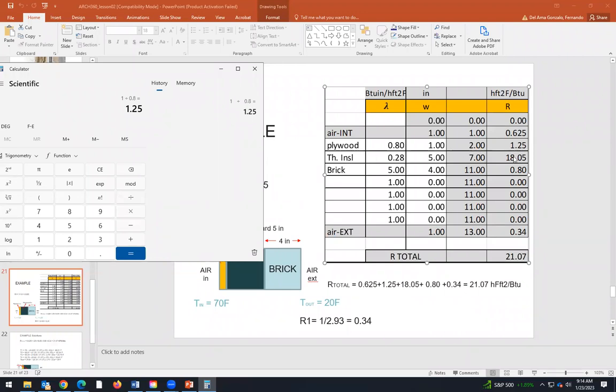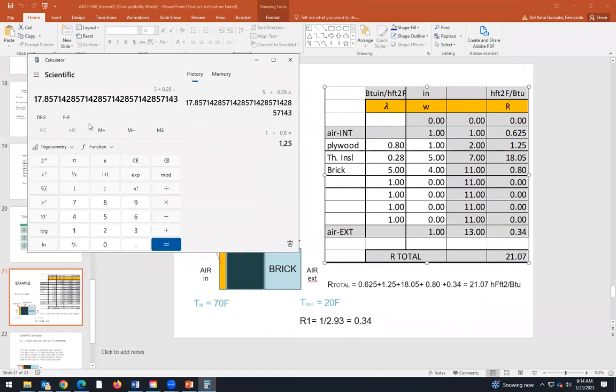The second thermal resistance is 5, which is the thickness of the thermal insulation, divided by the thermal conductivity. So if we divide 5 by 0.28, this is 17.8, and here it's 18.05.